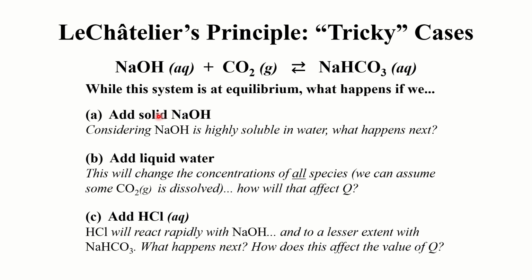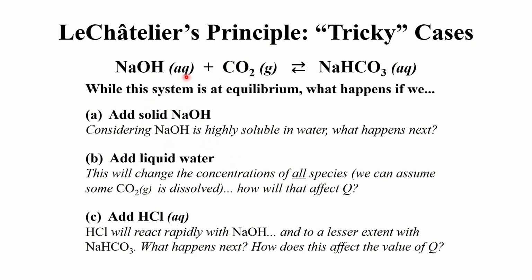So first, what if I were to add solid NaOH? Well, I notice that solid NaOH does not appear in the equation, but I do know that NaOH, because it has a group 1 metal here, an alkali metal, is highly soluble in water.